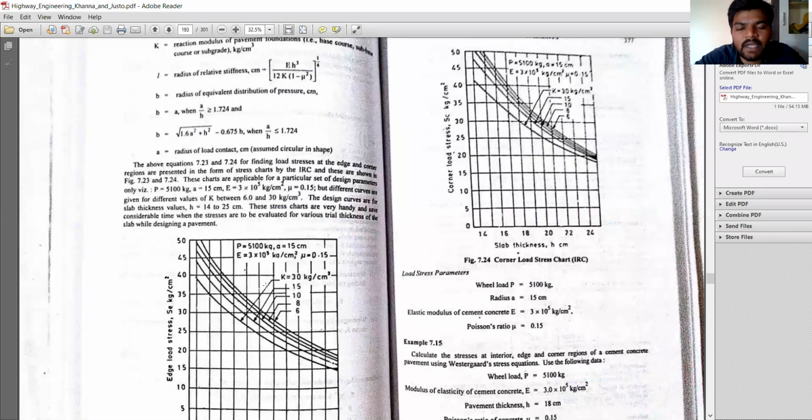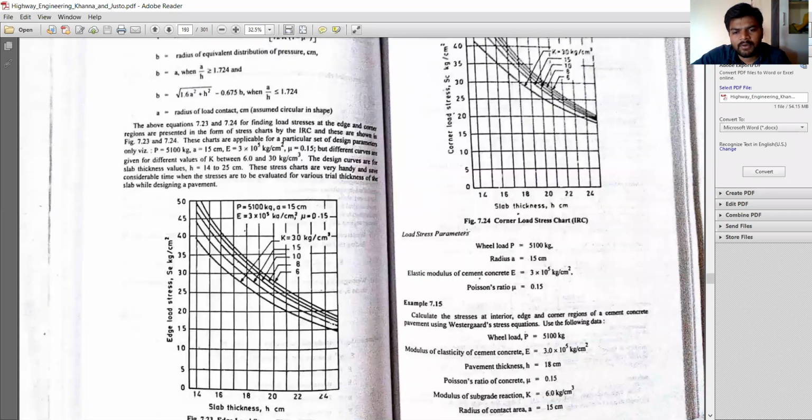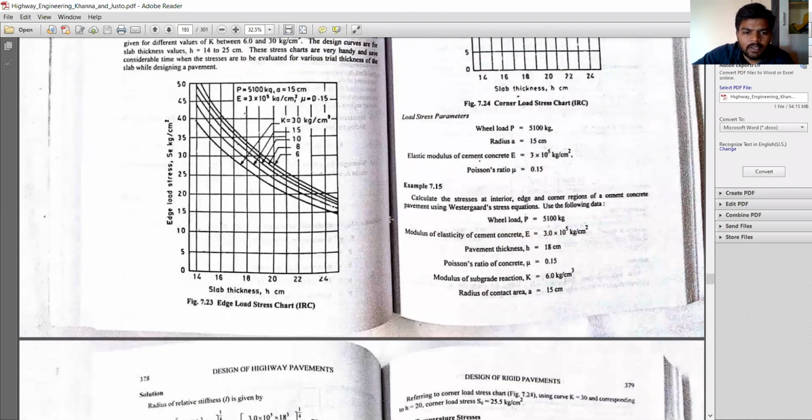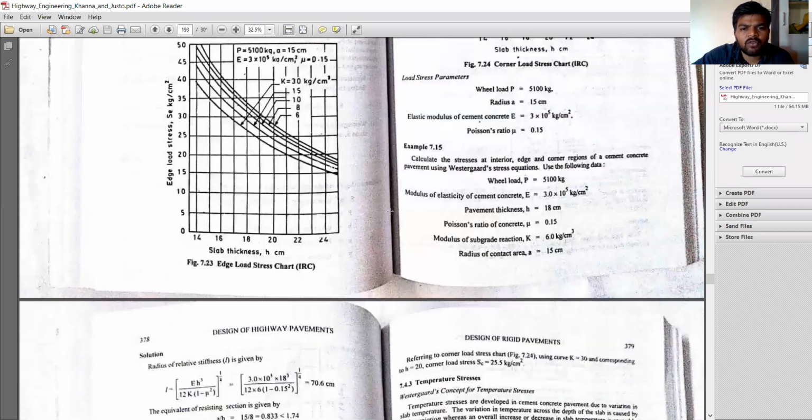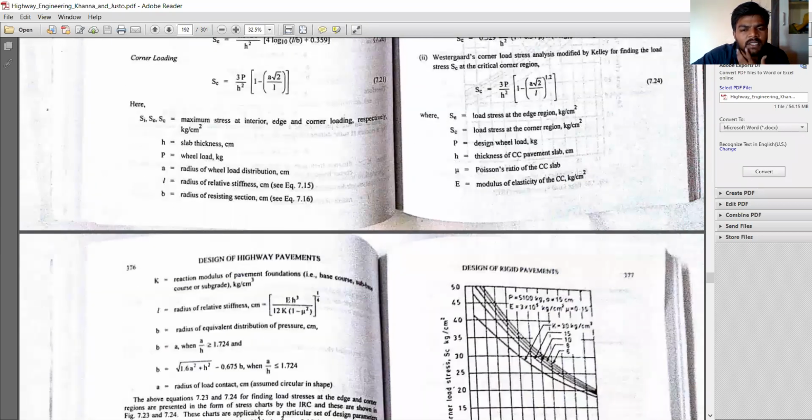This graph is designed on the average values of all these standard terms. Based on this graph, we can analyze and calculate the stresses. With this concept, we can solve the next numericals.